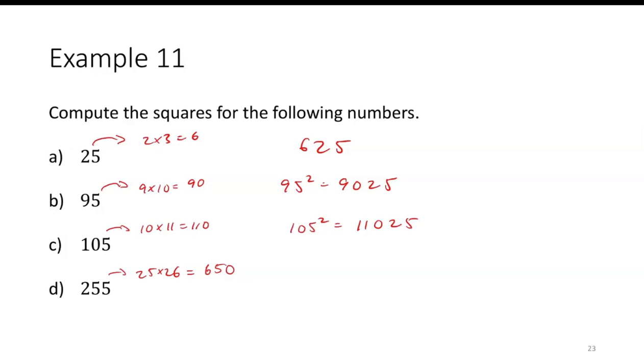No, 6,500. Oops, 650. I was right before. Yes, so 650. And so 255 squared would be 65,025.